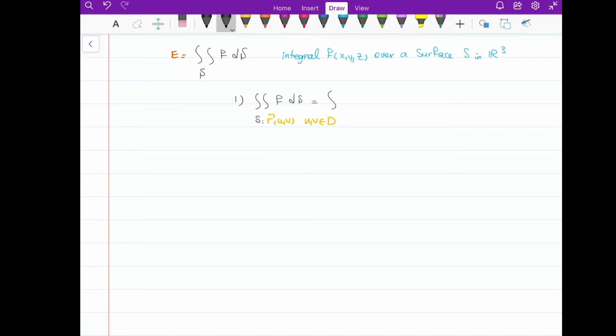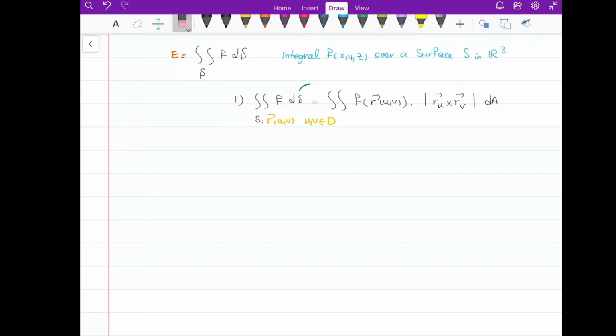Then it would be the double integral of f. I'm going to put my parameterization into f, and then instead of dS, I have the length of the cross product of the partial derivative of my parameterization with respect to u with the partial derivative with respect to v, and then dA. Okay, so dS in here is the element of the surface area.